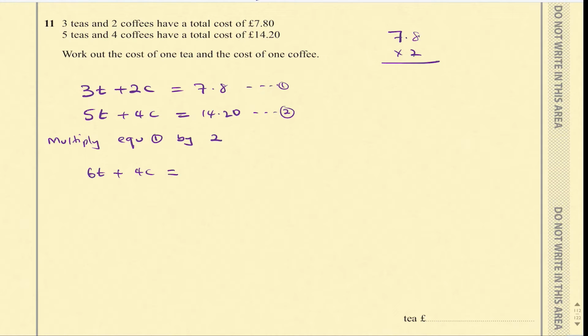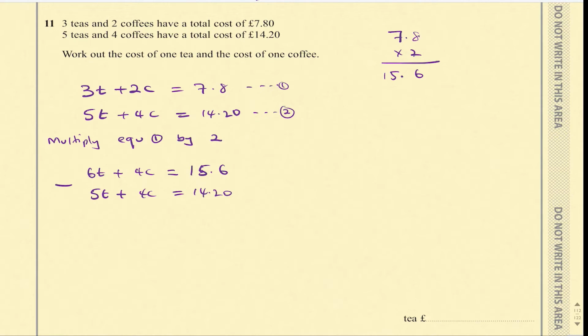So 2 times 8 is 16, so write 6 carry 1. 2 times 7 is 14, plus 1 is 15. So that will be 15.6. Good, 15.6. And then I'll take away equation 2 from it. So that'll be 5t plus 4c equals 14.20.